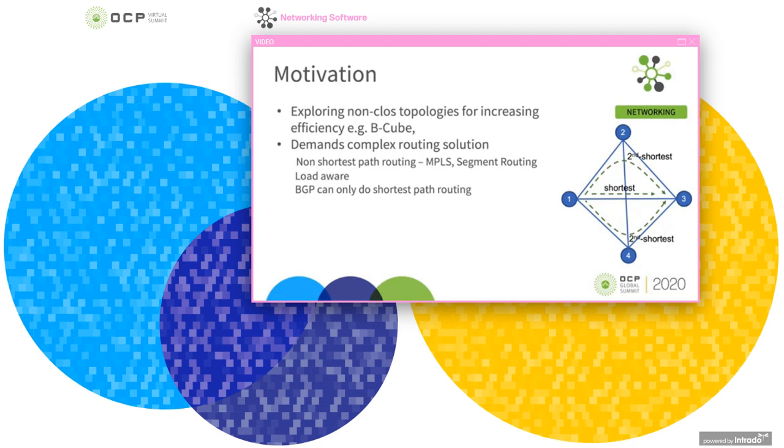That means the data plane needs to support label-based forwarding, and the control plane needs to support source routing capabilities. On top, it has to be load aware because the network is shared. If the links connected with node 4 become overloaded, the path must be removed from the ECMP group on node 1.